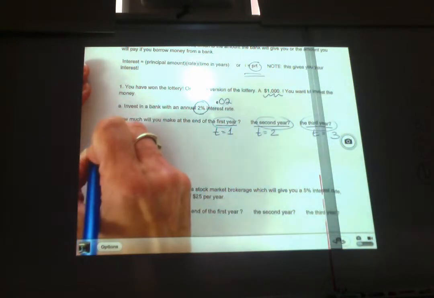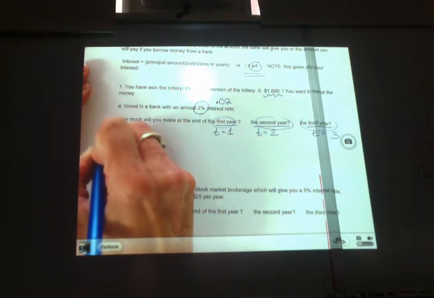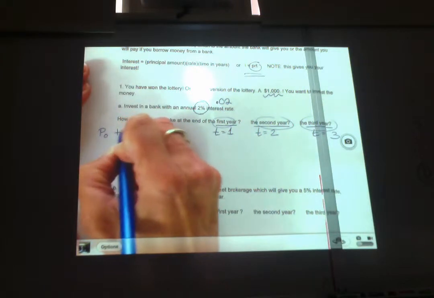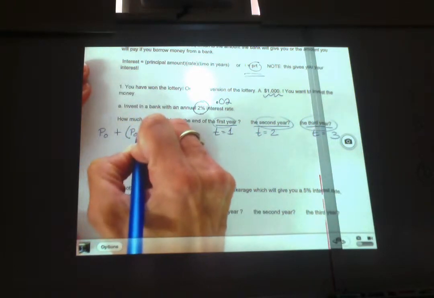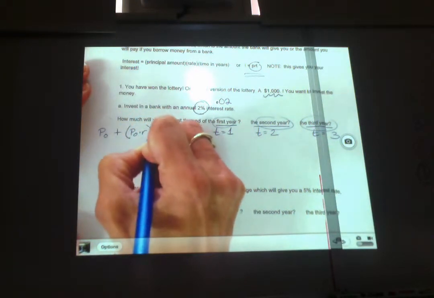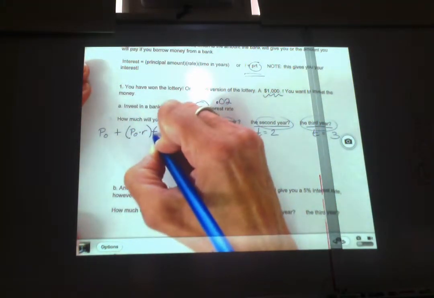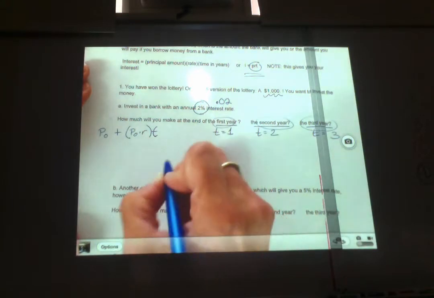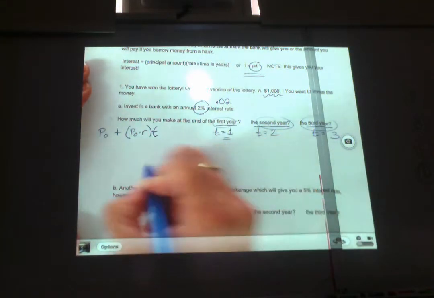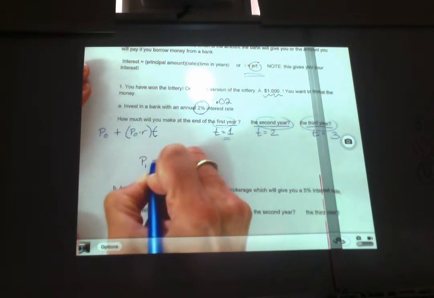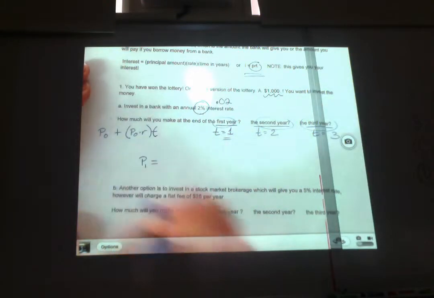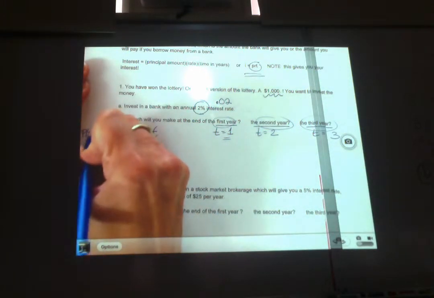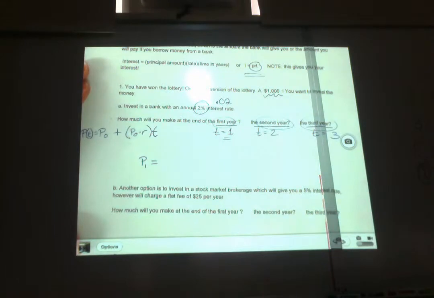I'm going to rewrite the formula to remind myself. P0 plus P0 times rate times time is what I need to do. So P1, after 1 year, that's P1. It's going to equal, so this is P of t, some time.